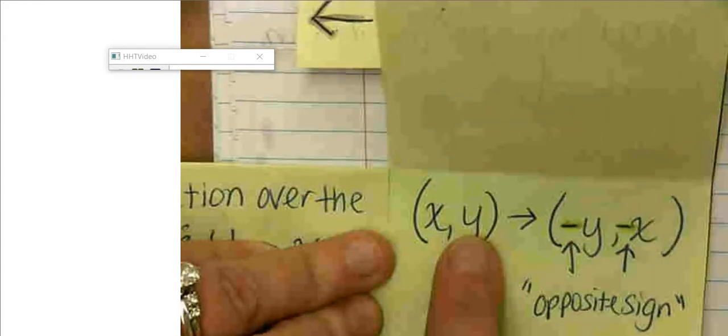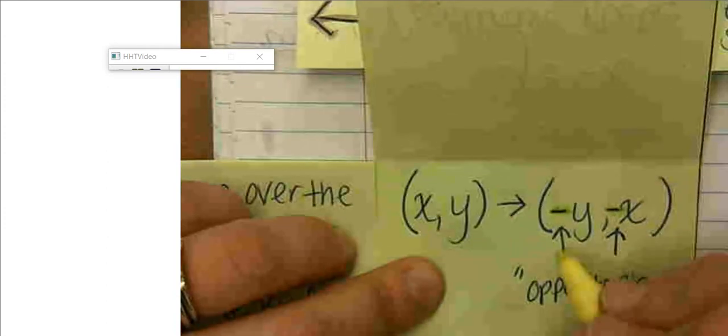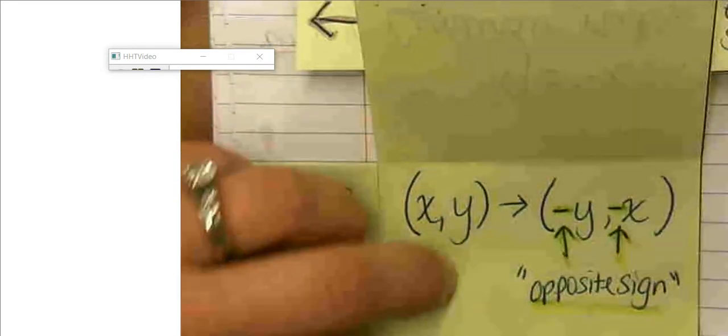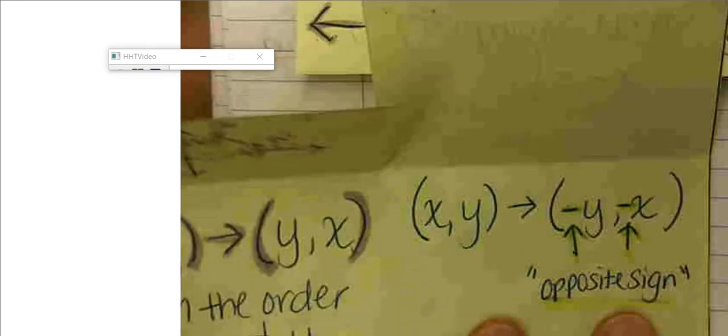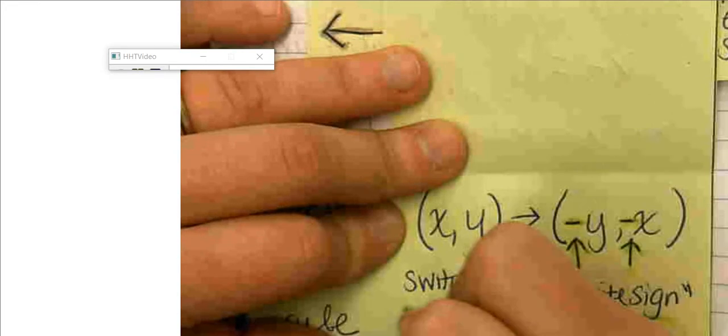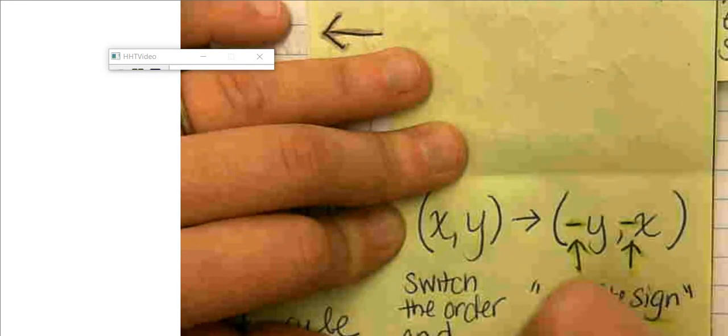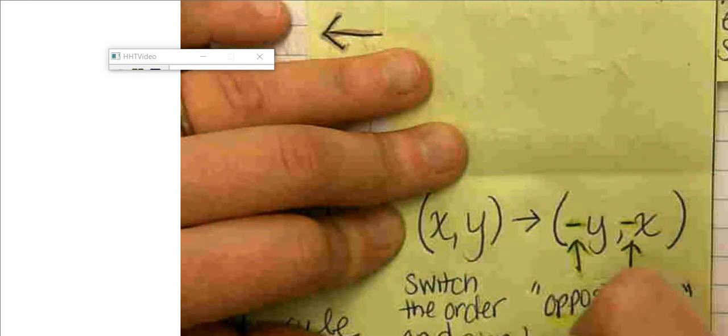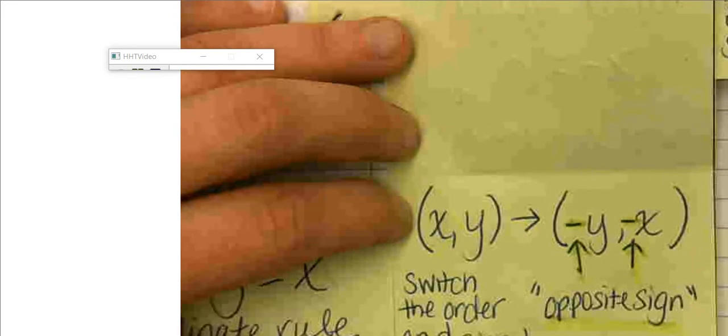If y was positive, it becomes negative over here. The signs become opposite. So you switch the order and the sign.